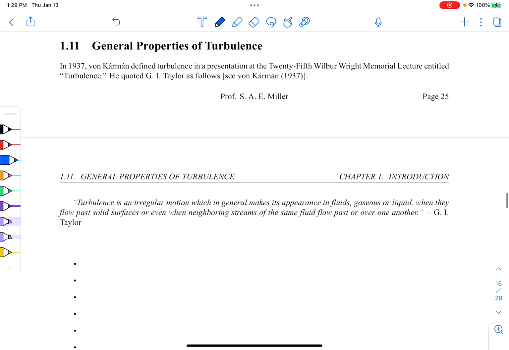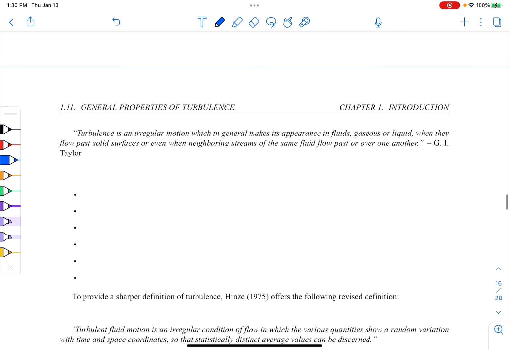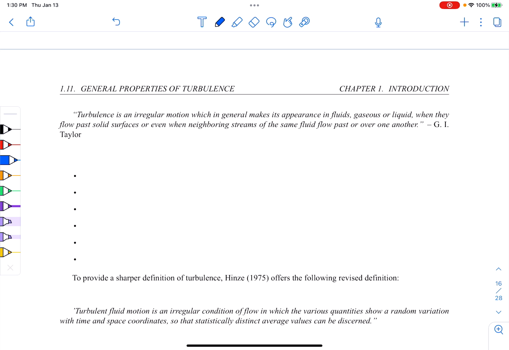So I want to get to some more general properties of turbulence. Okay. So a lot of people have a lot of trouble defining turbulence, and even people in the field who have been working at it for decades, I see in conferences argue about what those definitions are. I want to just try and talk about that a little bit before Monday's lecture on the boundary layer composite profiles and Kolmogorov's theory.